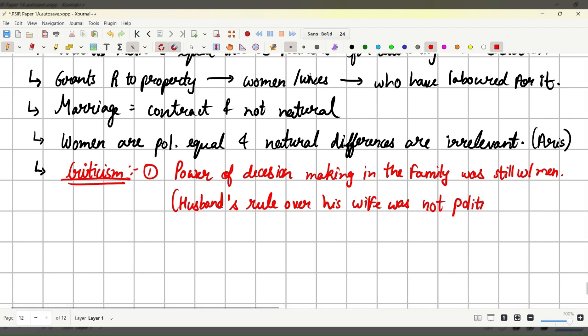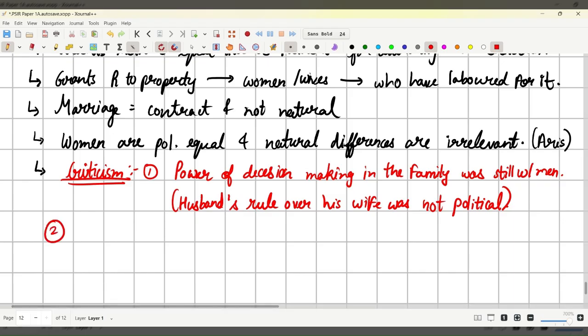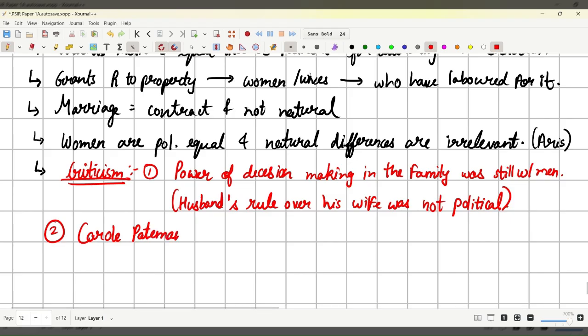Then the second criticism is by Carole Pateman, in her book The Sexual Contract.